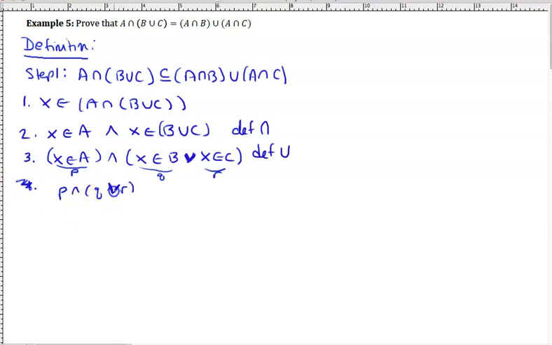I know propositional calculus, so I know I can distribute this to make it equivalent to (P and Q) or (P and R) by distribution.